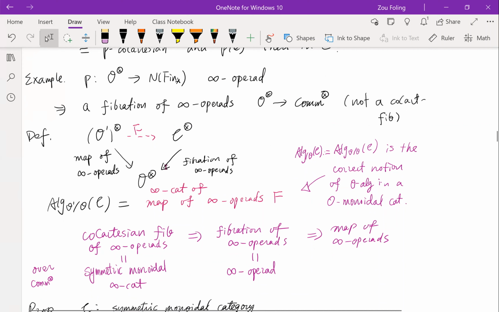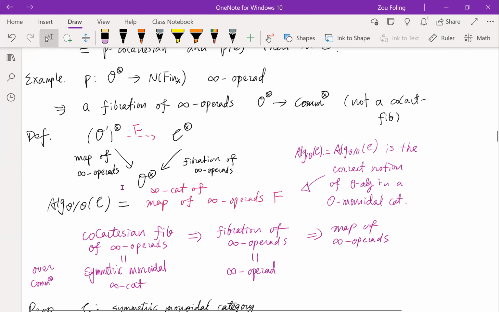Fibrations of infinity operads are relevant when you want to look at algebras over O. So if you want to look at algebras in C tensor over O tensor, you had better have C tensor to be a fibration of infinity operads over O. This is a definition.